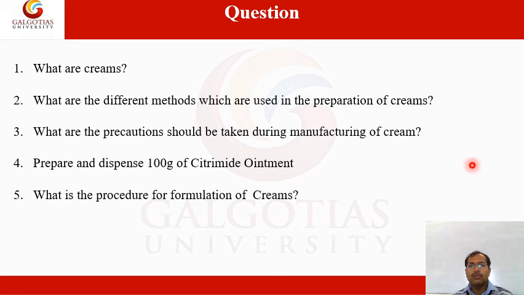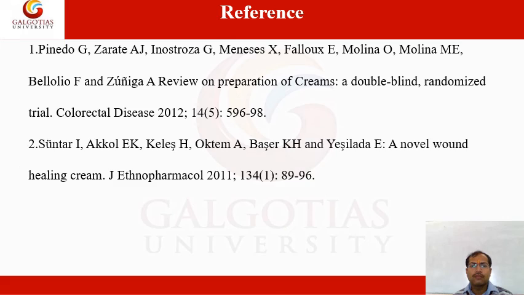These are the common questions which arise after the complete study. Here are some references which can be referred for further advanced study about semi-solid dosage forms, specifically the cream.